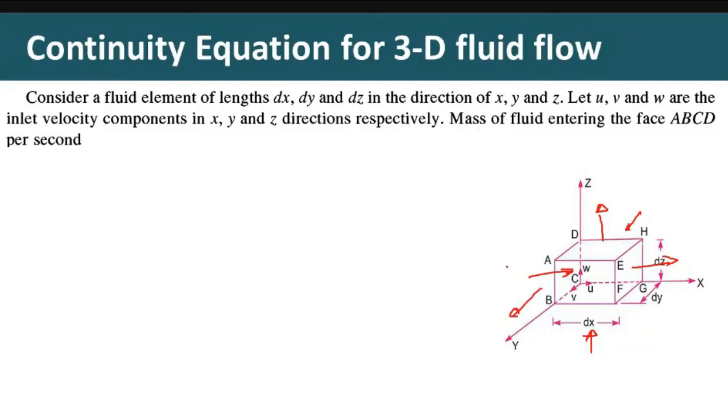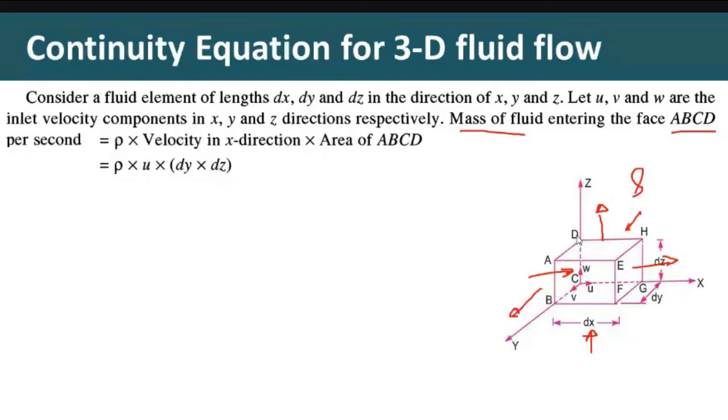So first of all, we will talk about the x direction. In the x direction, the mass of fluid entering through face ABCD. We know mass flow rate is nothing but density into area into velocity. The density of the fluid we assume is rho. Then the area of ABCD, into the velocity in the x direction, which is u.